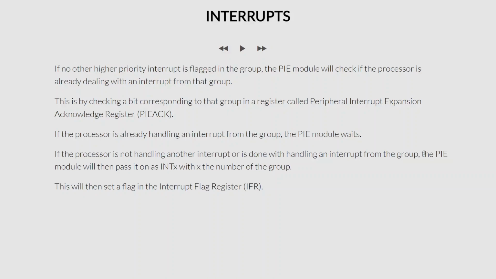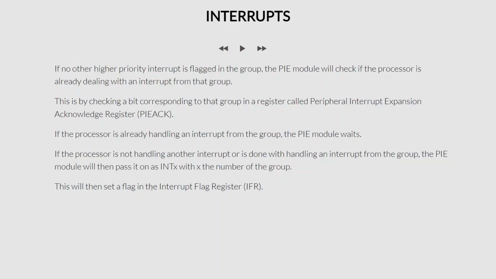Then the PIE module will pass on this interrupt as INTx, with x the number of the group. So if you're talking about group number 5, and the processor is not handling another interrupt from group number 5 and there is no other higher priority interrupt in group number 5, then the PIE module will pass on an interrupt number 5 to the processor.